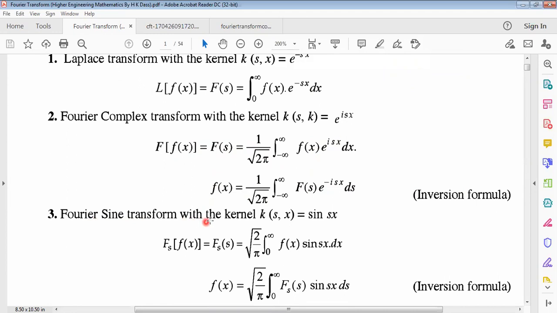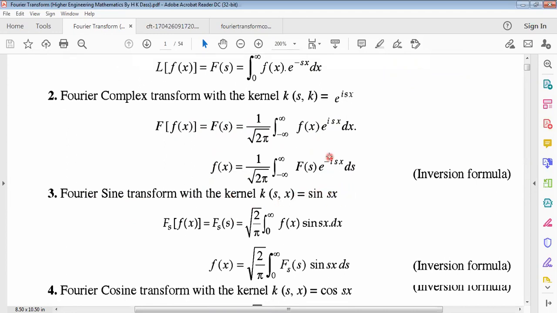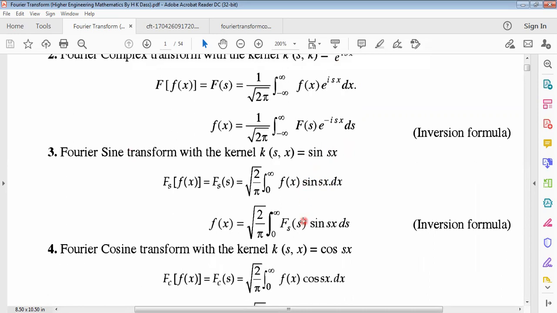The Fourier sine transform has the kernel sin sx, because this is the exponential form. You must know the exponential form can be written as cos sx plus i sin sx. So the Fourier sine transform has the kernel sin sx, and the inverse will be like this.